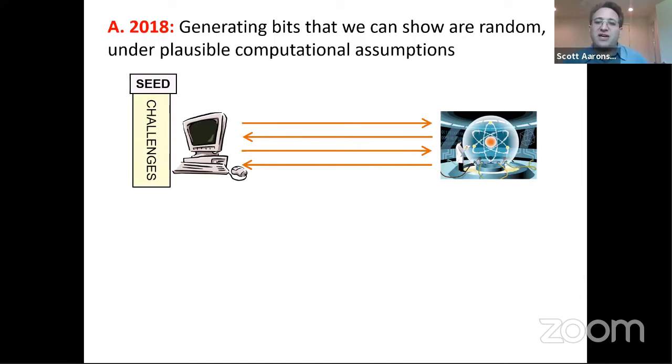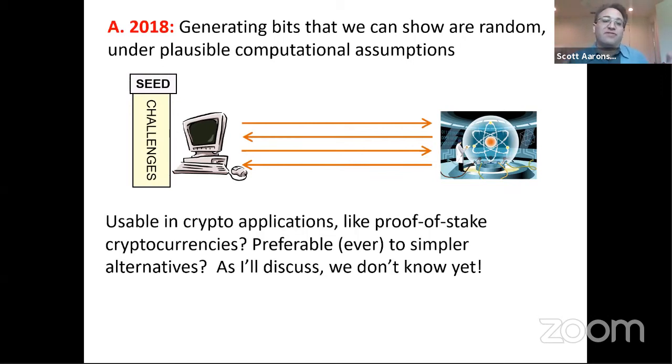And then if the responses pass the verification, then under some computational assumption, you would have some guarantee that the responses must have had at least such and such min entropy. Okay. Now, is that useful for anything?